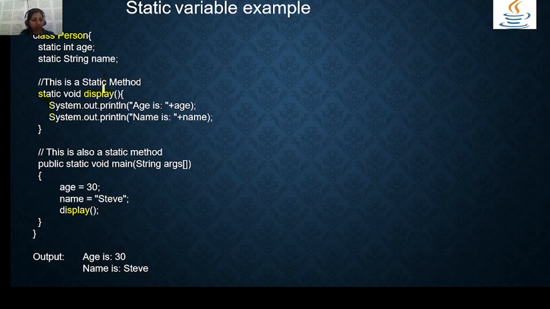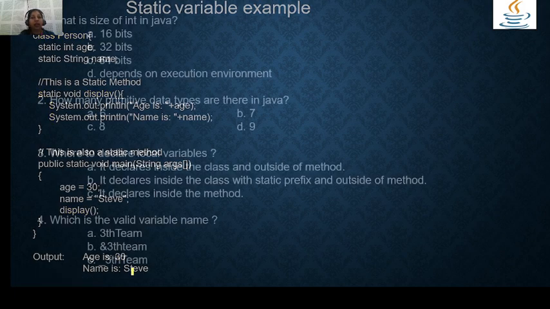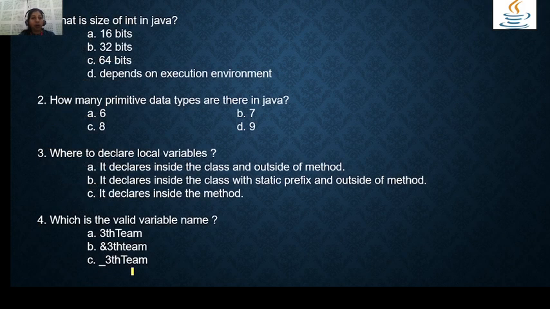This will call the display method and print the age and the name: age is 30 and name is Steve. Okay, so I hope you have understood data types and variables, variable types, and how to initialize a variable. Okay, so let's have the quiz.